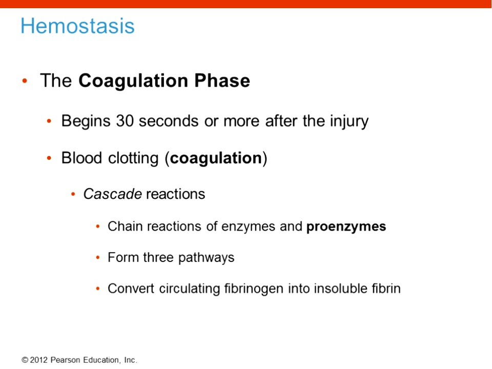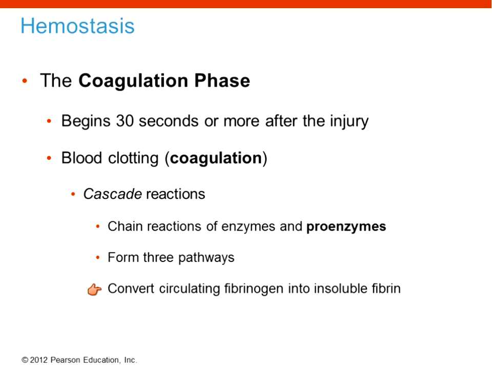This is also a part of this cascade reactions, so these chain reactions of enzymes and proenzymes are going to make sure that fibrinogen is turned into fibers that will, in essence, sew those platelets together to make sure that the platelet plug does not become dislodged from the break in the blood vessel wall and float somewhere else.